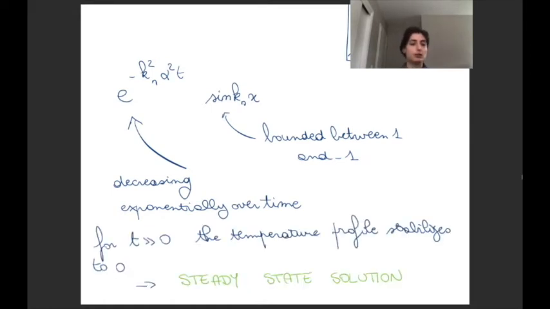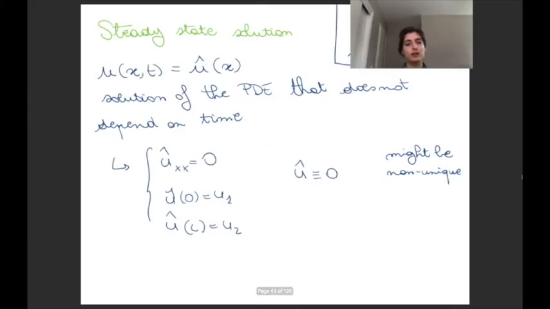For t much bigger than 0, this exponential decrease is the thing that is dragging your temperature to stabilize at 0. So 0 everywhere is what we call the steady state solution. It's a solution that doesn't depend on time, and it's a solution of the PDE plus boundary conditions.